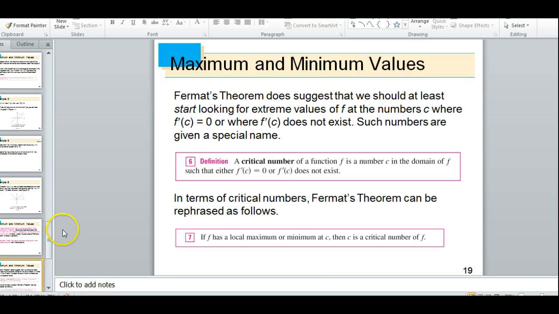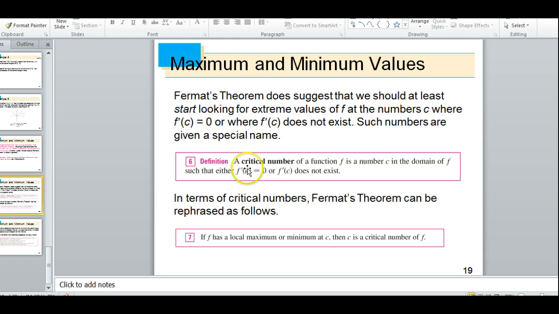So we're going to define what critical numbers are. Critical numbers of a function happen to be wherever you have a value in the domain of f, meaning an x value, for which the derivative is either 0 or the derivative may not exist. And then we can say that we have a local minimum or a maximum.